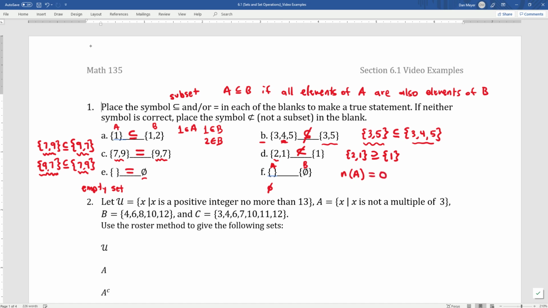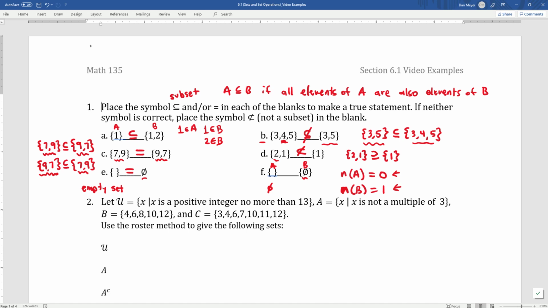So the number of things in the set A is 0, whereas the number of things in set B is 1. There is a single element in set B, the empty set. Now, these two sets are not equal. If two sets are equal, they should have the same number of elements, and these two sets do not have the same number of elements.